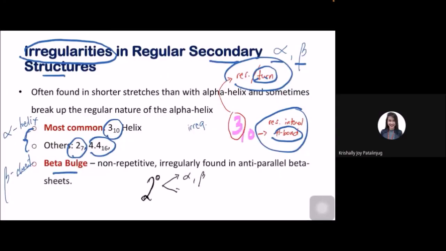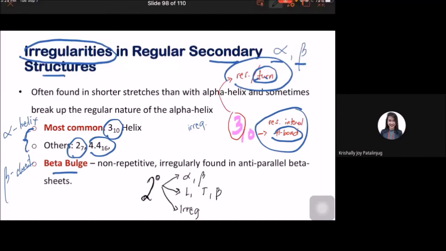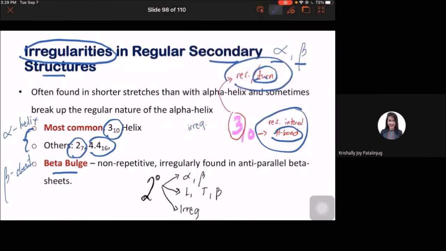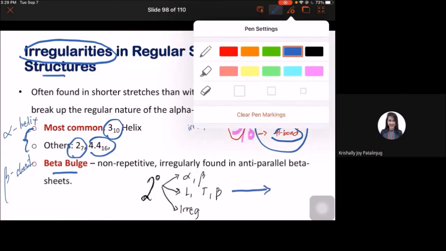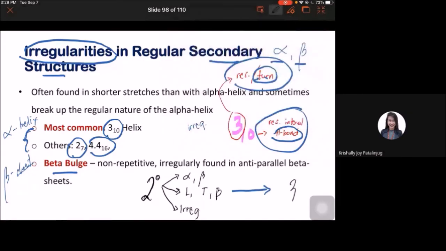Ano pa? Na-discuss natin yung loops, turns, bends. Tama? And yung irregularities. Now, supposedly, yung next level, di ba, is tertiary structure.